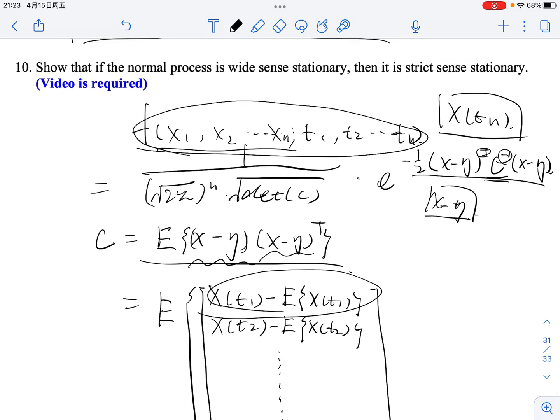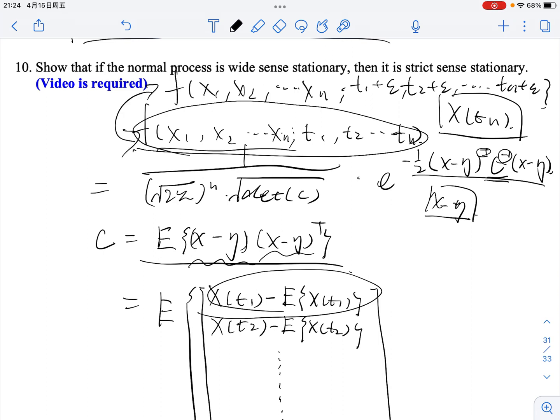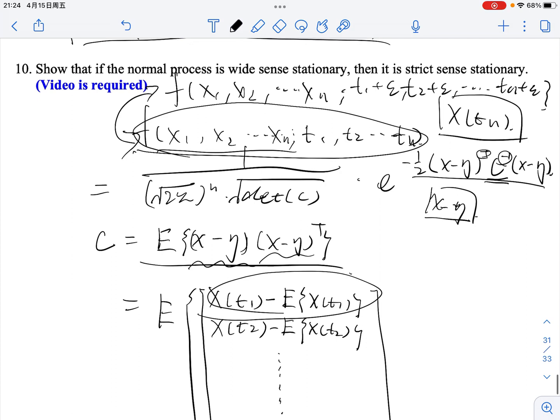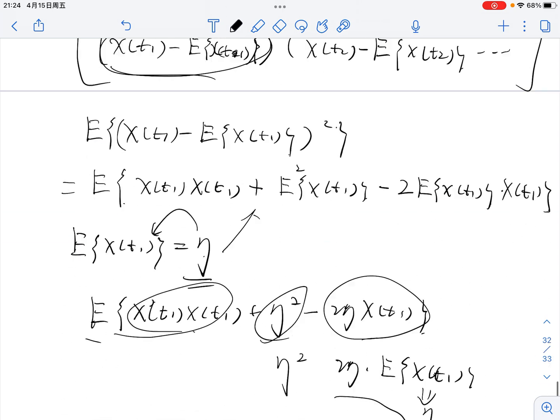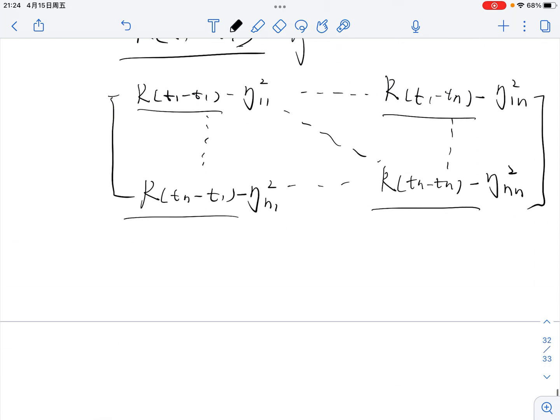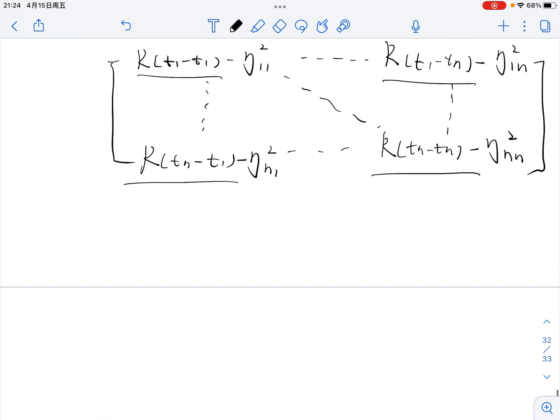For this process, nothing changes if we give it x1, x2, ..., xn at times t1 plus epsilon, t2 plus epsilon, ..., tn plus epsilon. These are equivalent, which means this normal process is strict-sense stationary, since it has such a form of covariance matrix.